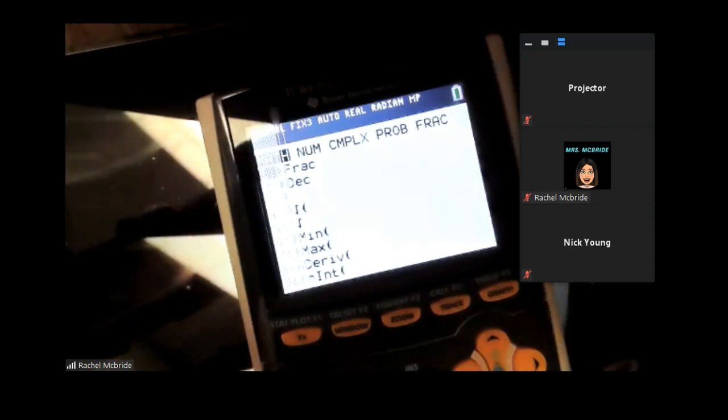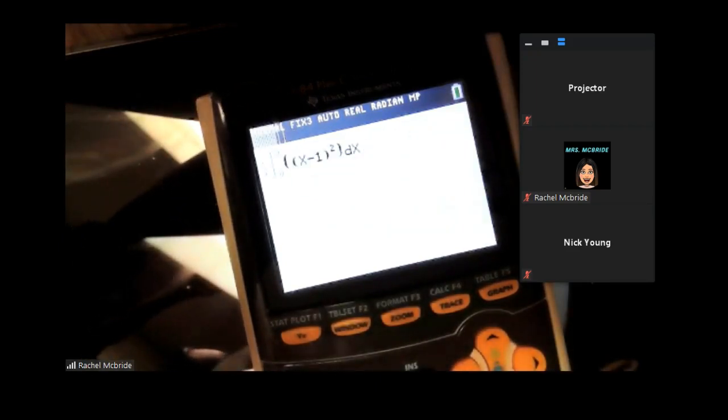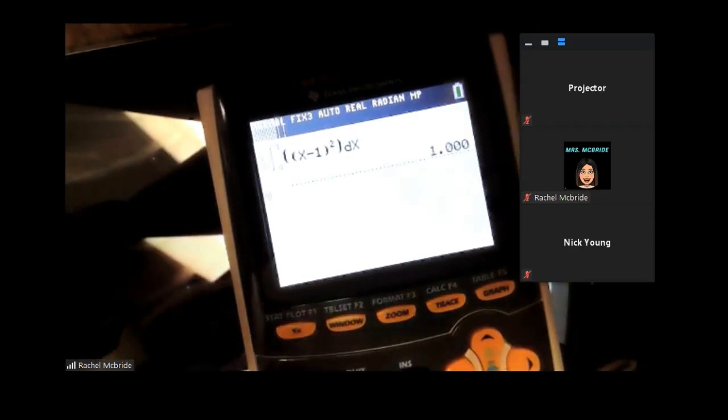So for your fraction, I would type in the 1/3. Get out of the fraction, then go to math, go down to option number 9, type in your integral lower than upper, type in your function, so make sure you do x minus 1 in parentheses squared, fill in your variable x at the end, and hit enter.